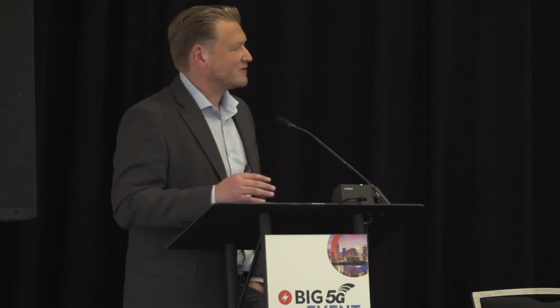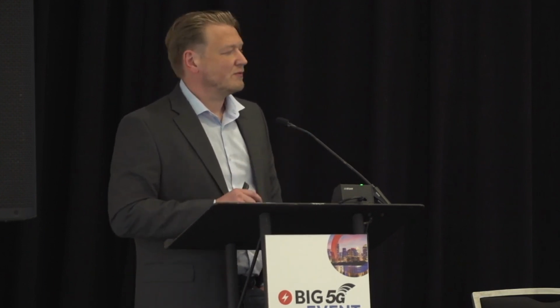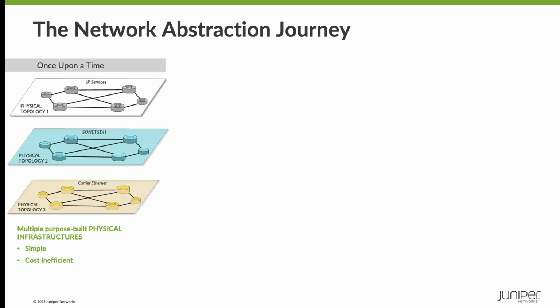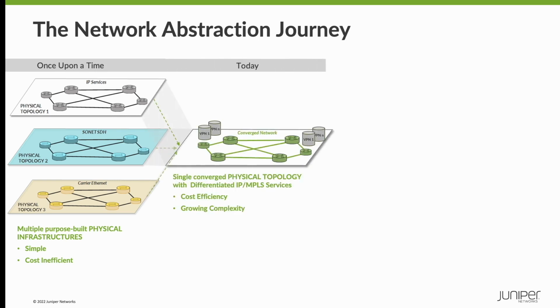And at those times, the industry passed through a transformation towards a single physical infrastructure, where all types of connectivity converge on top of the same packet switched network. And well, that's pretty much the stage where we are right now. So the high total cost of ownership problem has been solved. But that's where the complexity was introduced.